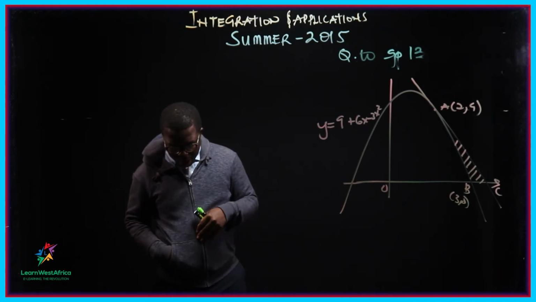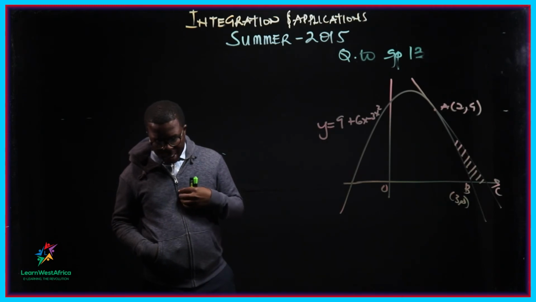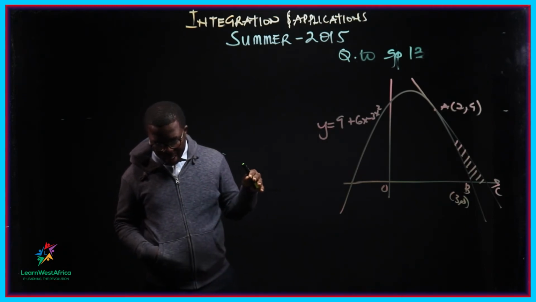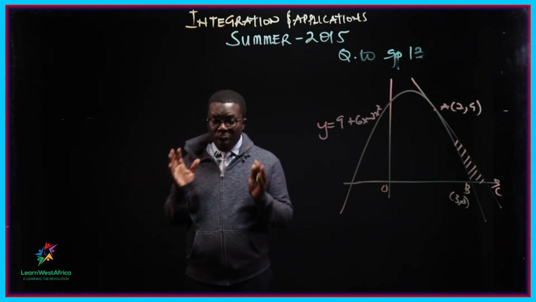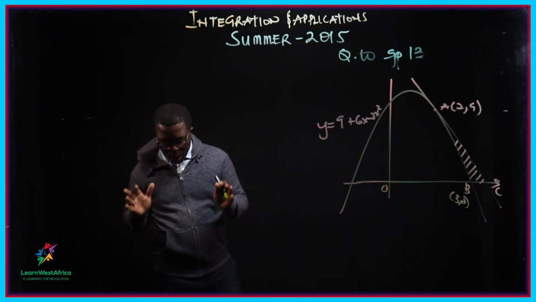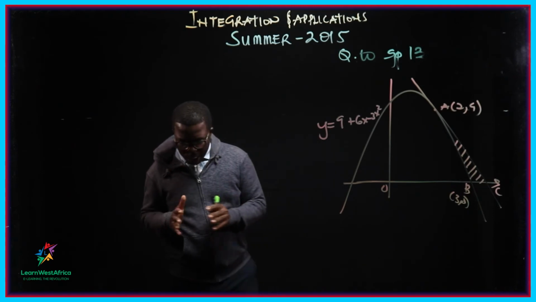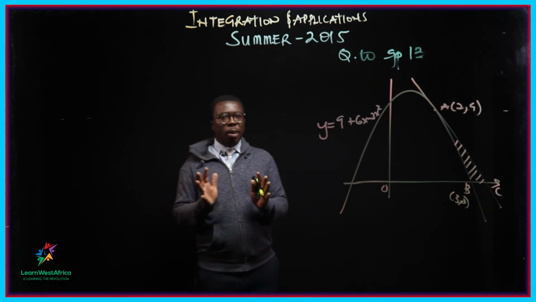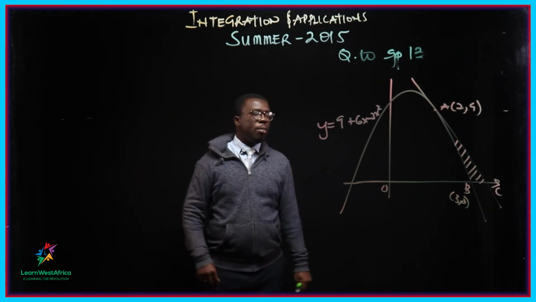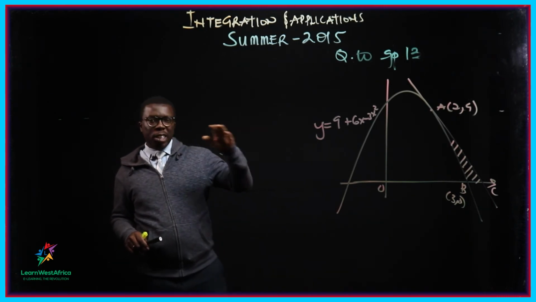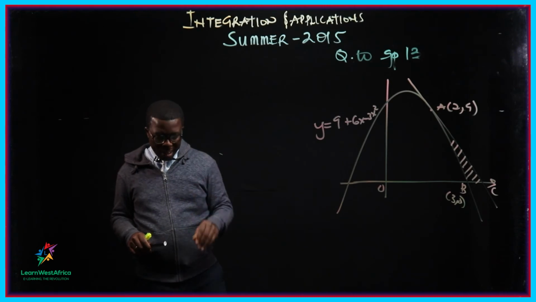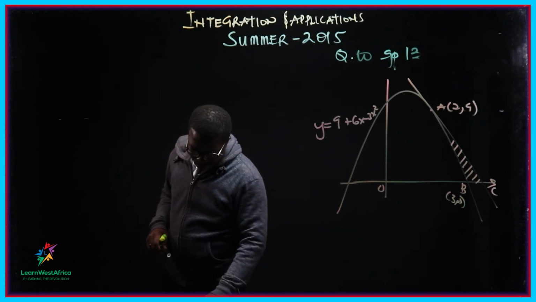And we are saying that the tangent at A intersects the x-axis at C. Our focus is part (ii). We want to find the area of the shaded region ABC. That's important now.